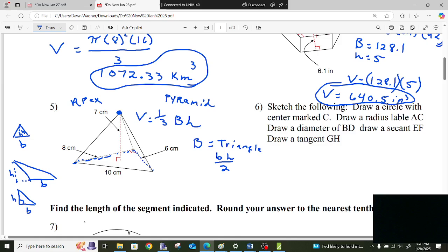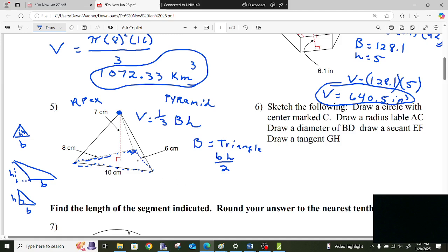Does that make sense? Okay, so if I'm looking at this triangle right here, what it's sitting on, and here's the right angle right here, what are you going to call your height and base of this triangle? 8 and 6. 10 is the hypotenuse, which is not the height and base.